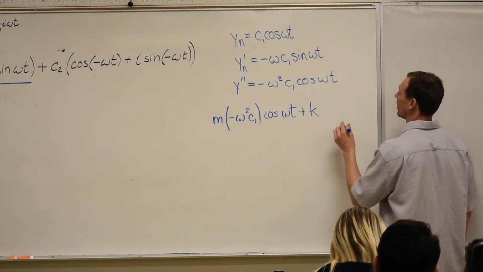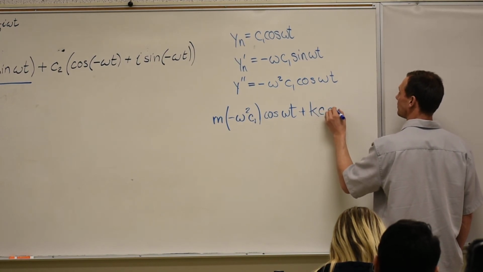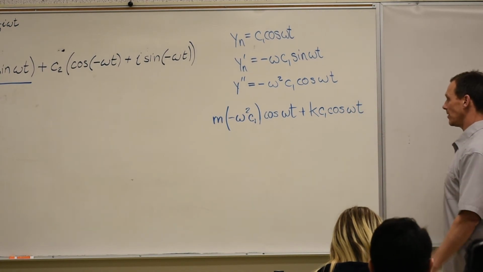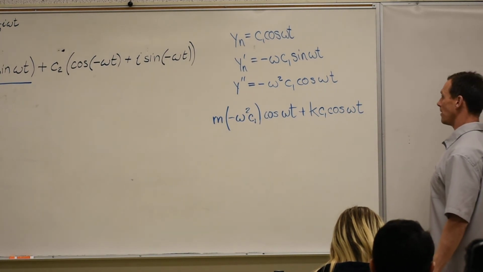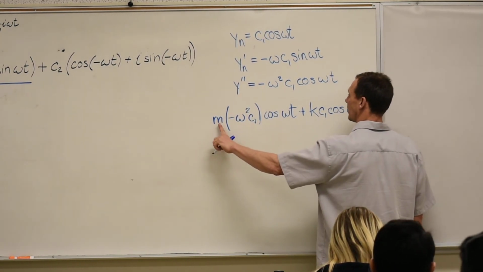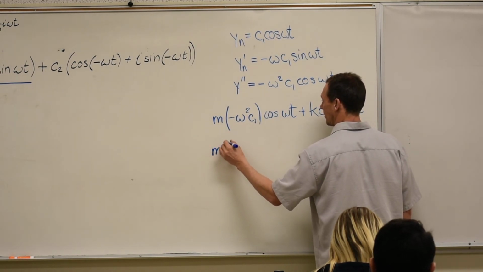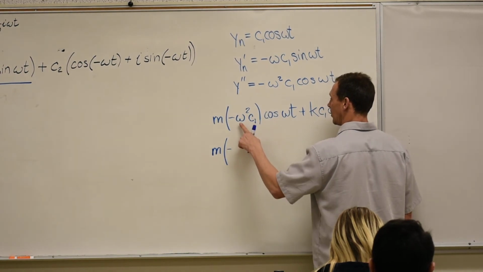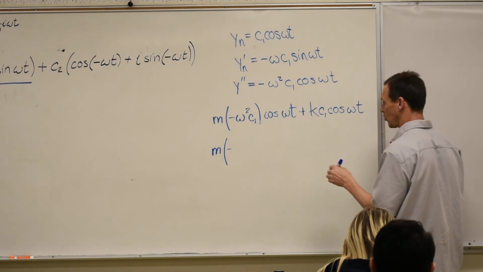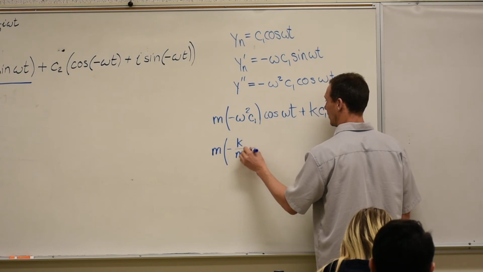That's all right. k times C1 cosine omega t. So let's see what happens here. Let's try this. m times minus, well, omega squared is k over m, since omega is the square root of k over m. So if I square it, this is just going to be minus k over m. Oh, there's the solution. See it?